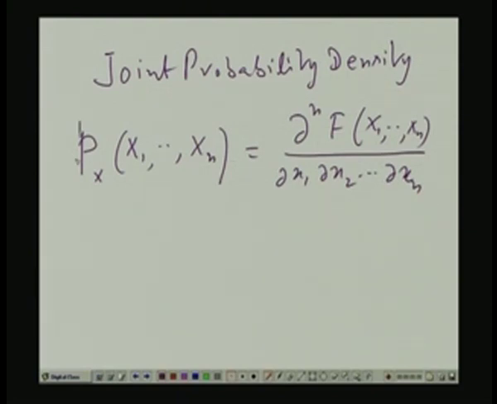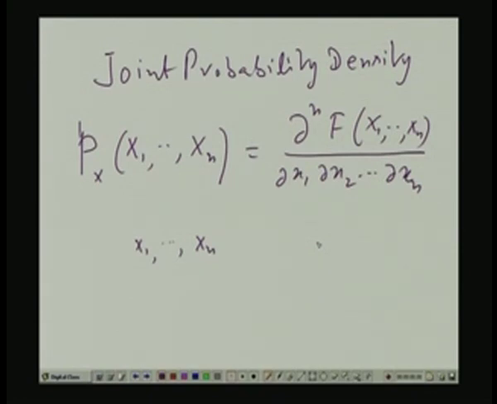What does it mean actually? It means that if you consider an n-dimensional space whose axes are x1, x2 up to xn, and take an infinitesimal region or cell located at a point, whose sides are dx1, dx2 up to dxn.